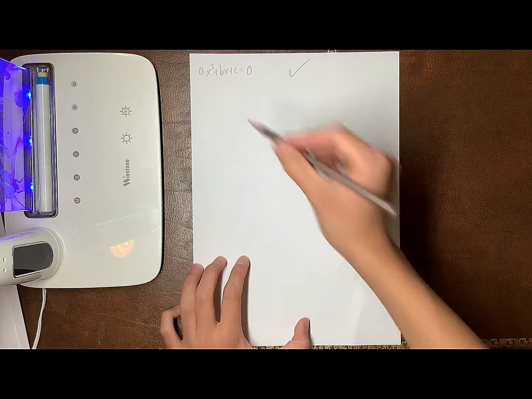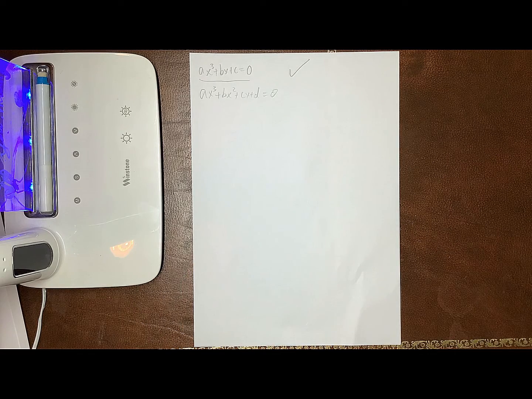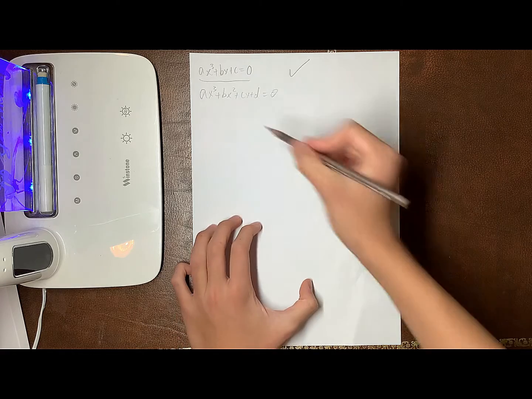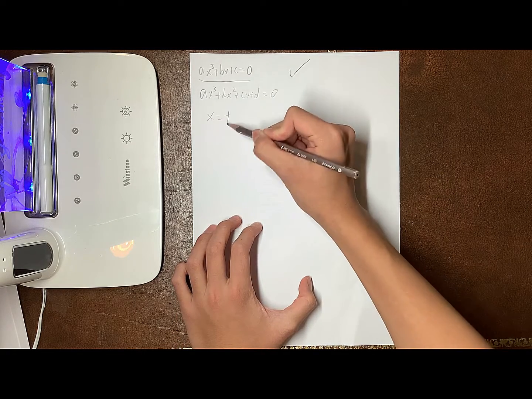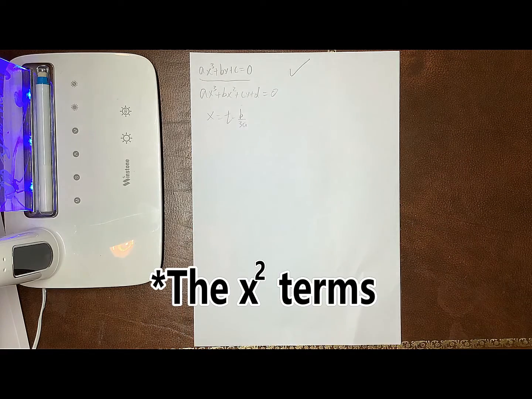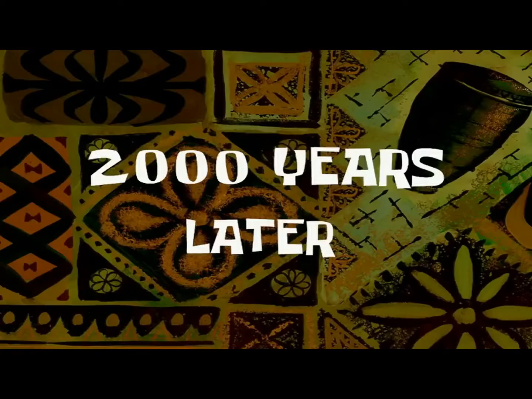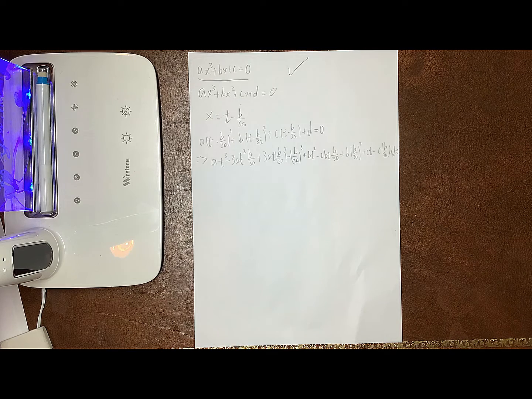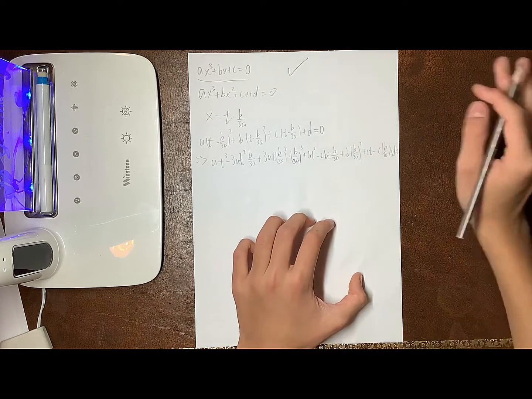But we have the normal cubics. With the same thinking method, you can prove it by yourself. If we substitute x equals t minus b over 3a, we can cancel out the terms. I'll just write it down. But let's ignore the rest.